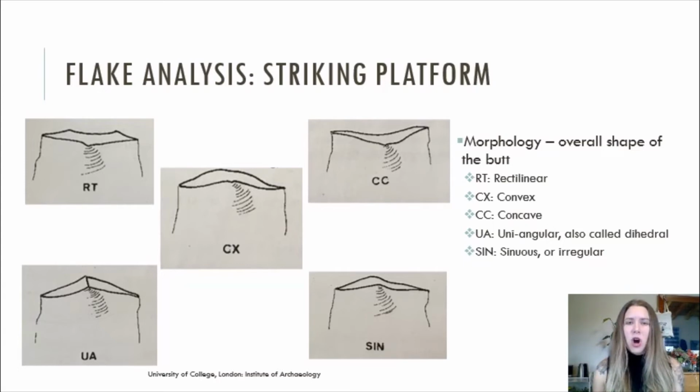It can also be convex, which describes a butt that kind of juts outward, or concave, which is a butt that is kind of bowl-shaped. Uniangular, which would be slightly like convex, but rather than rounded, it would be two separate angulars jutting together at the point. Or sinuous, which indicates a changing of angle or curvature throughout the overall extent of the butt.